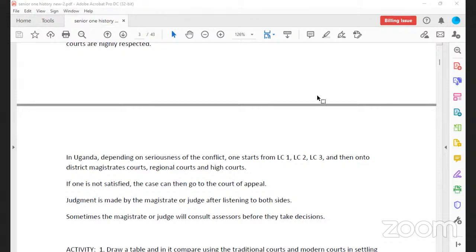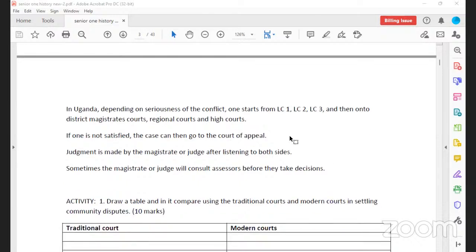LC1. LC1, we have LC2, LC3. Then we go to the district magistrate courts, regional courts, and then high court. And if one is not satisfied, the case can go to the court of appeal. So in other words, if there is a conflict, we normally call them the chairpersons, the local village.